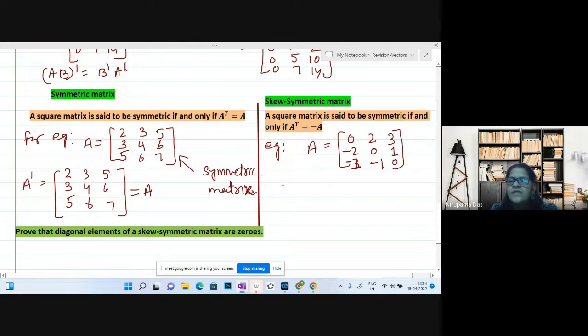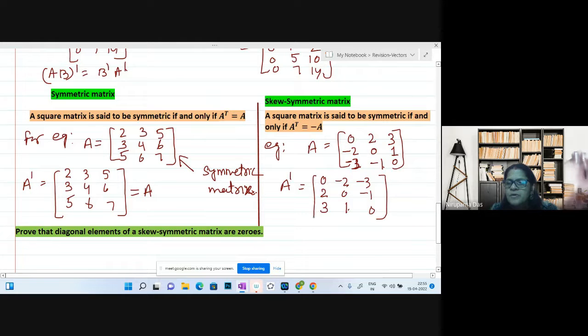Let's see first. A transpose equals 0, 2, 3. Then the second row, minus 2, 0, 1, becomes the second column. And then minus 3, minus 1, 0.